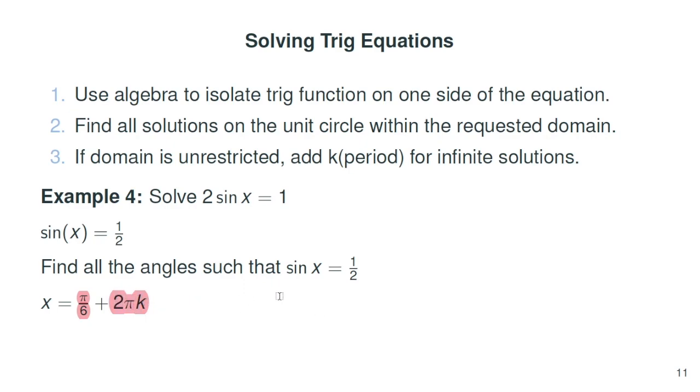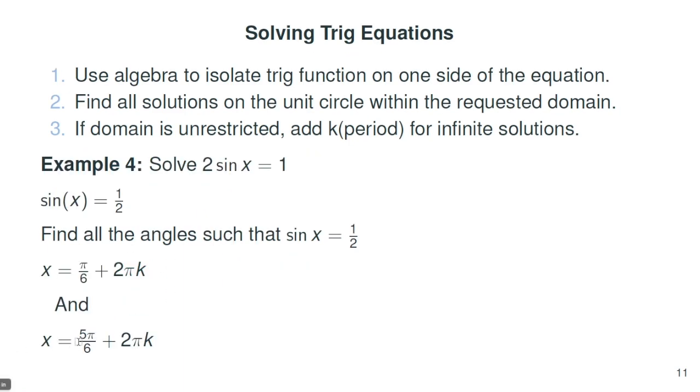This is actually referring to coterminal angles. Any angle that's coterminal to pi over 6 will give us a correct solution. That's why we add 2 pi k. Also, sine 5 pi over 6 is also half on the unit circle, and we add 2 pi k. So these two are the correct answers.